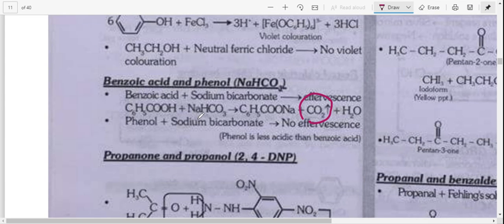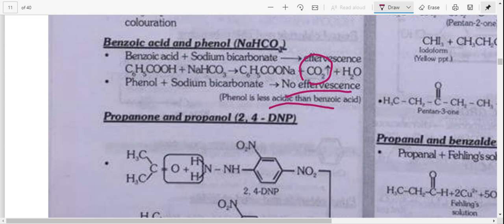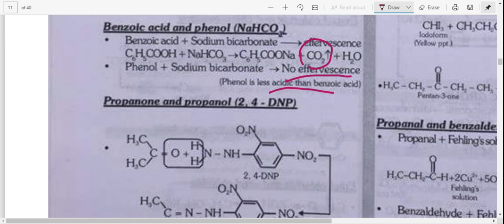And phenol plus sodium bicarbonate gives no effervescence, because phenol is less acidic than benzoic acid. Phenol is C6H5OH, benzoic acid is C6H5COOH.